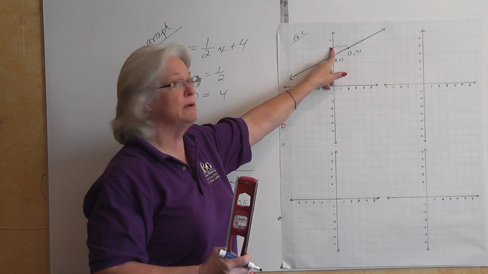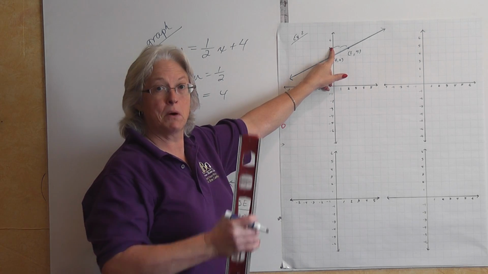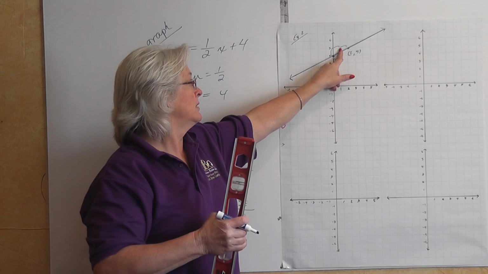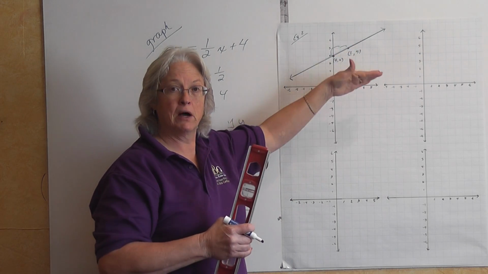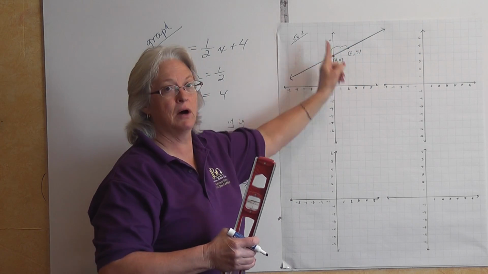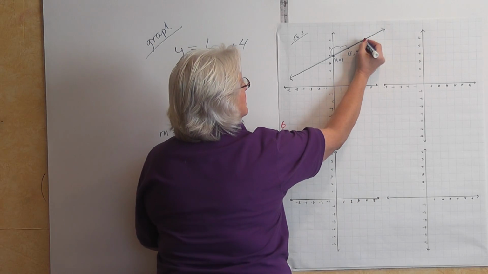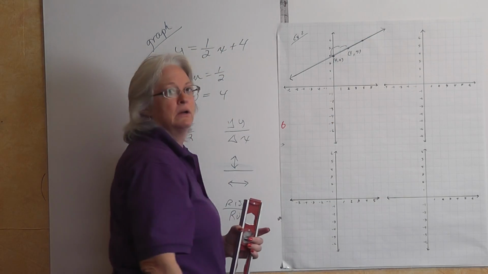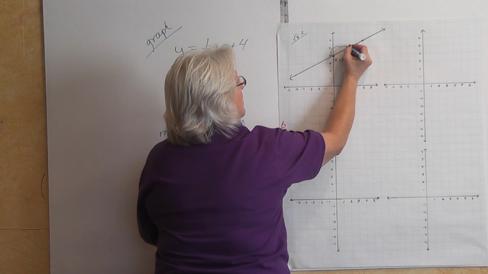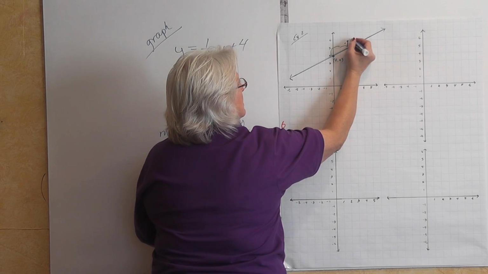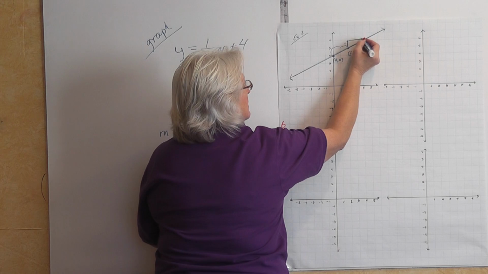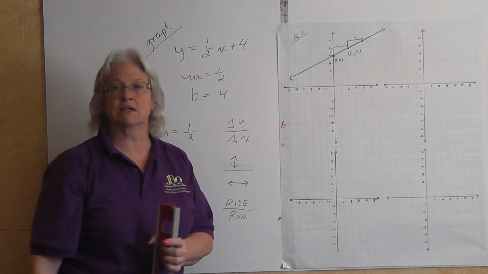For every 1 unit of positive rise, I have 2 units of a positive run. Up 1 over 2, up 1 over 2. So you'll see at this point on the line right here should be up 1 over 2. And that's exactly what it is.